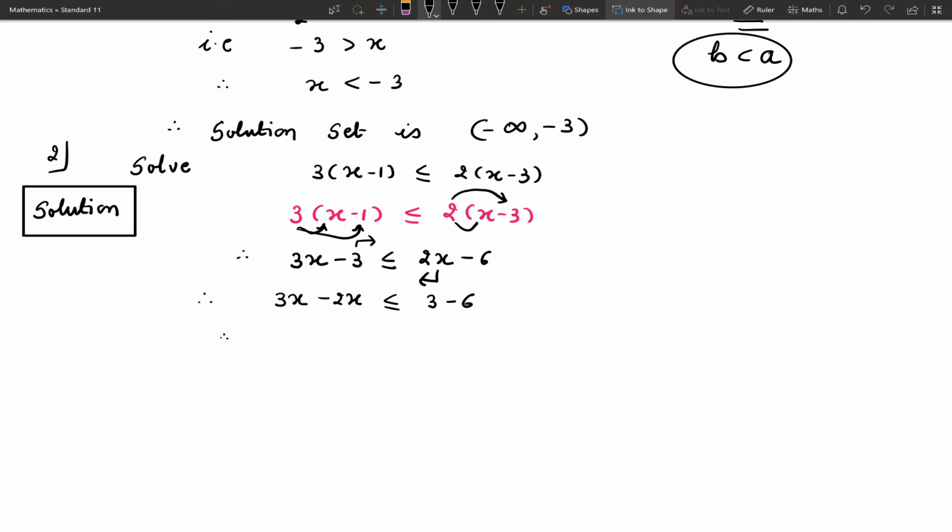Now simplification: 3x minus 2x, x less than or equal to minus 3.